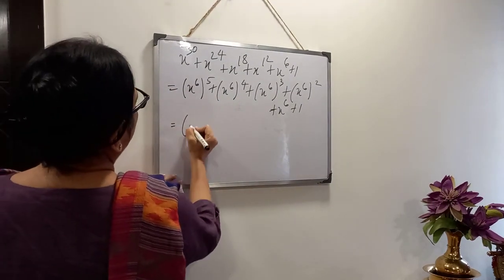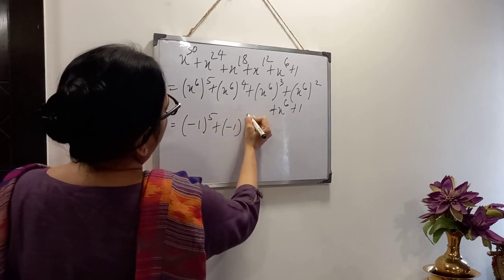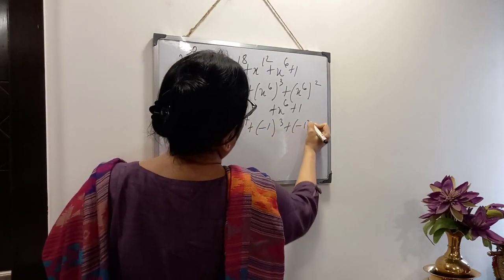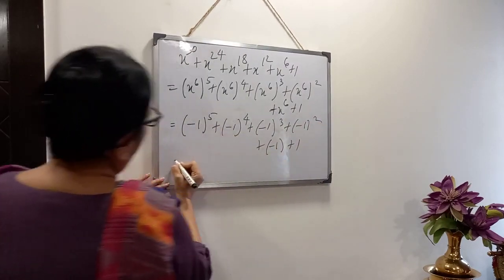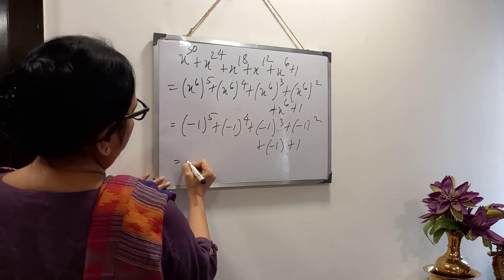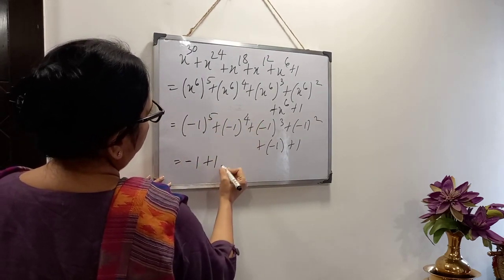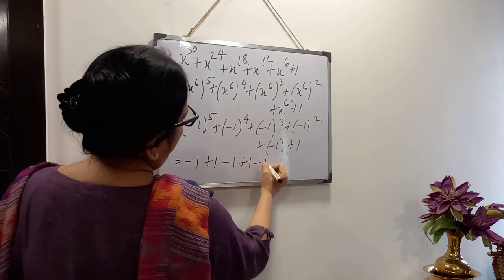Minus 1 to the power 5 plus minus 1 to the power 4. Now this is odd. So negative sign will come, you know that. This is even, it will become positive. Again odd, minus, even, plus.